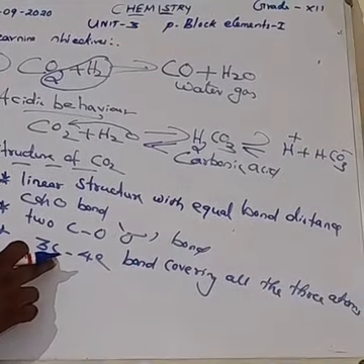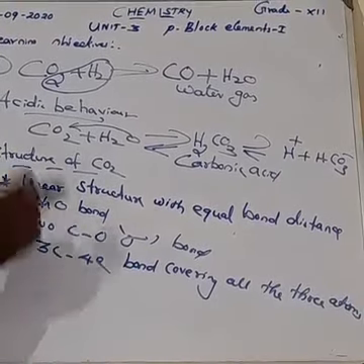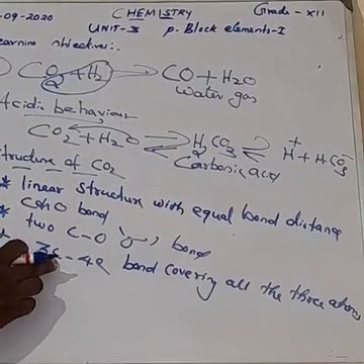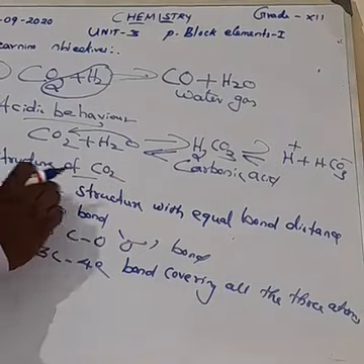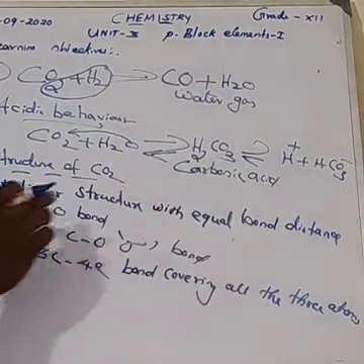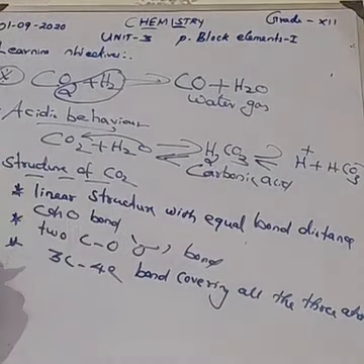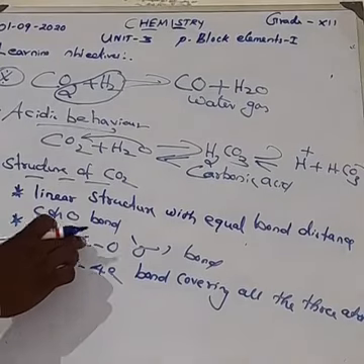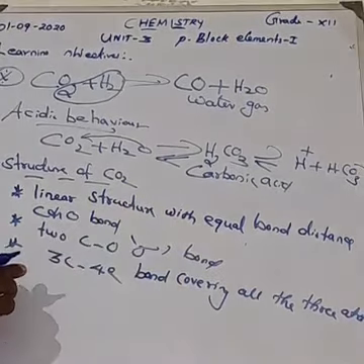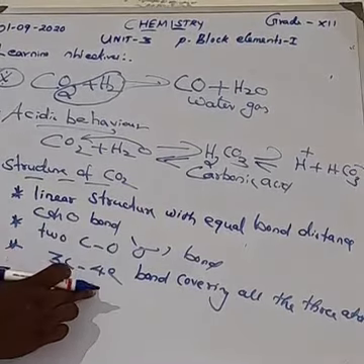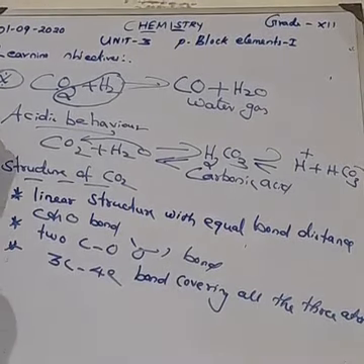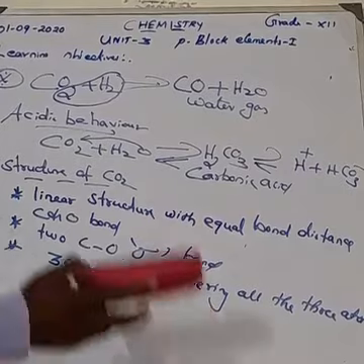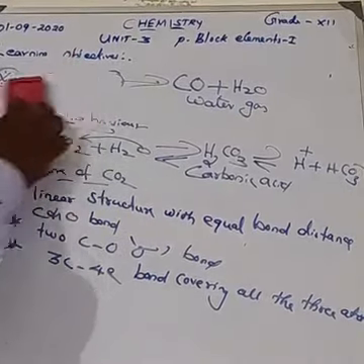This I will explain after the carbon dioxide diagram. First, it has a linear structure with equal bond distance of carbon and oxygen bonds, 2 carbon oxygen sigma bonds, and 3 center 4 electron bonding covering all the 3 atoms. Let us discuss how to draw the structure of carbon dioxide.